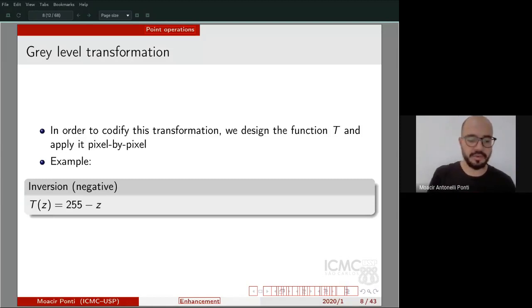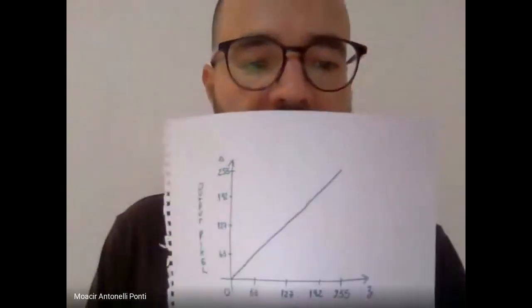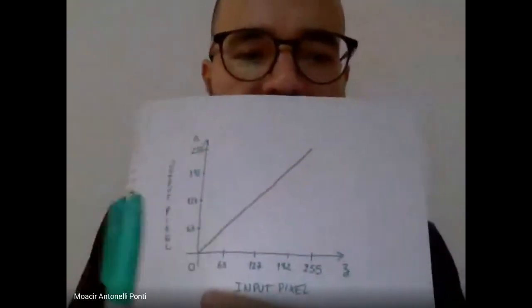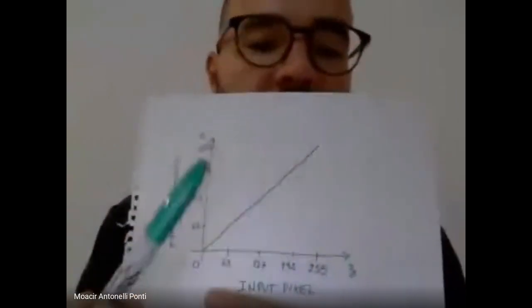Let me show you here that same plot that I showed you in the slide, a few slides previous to this one. So what we have is a function that operates on this type of plane.